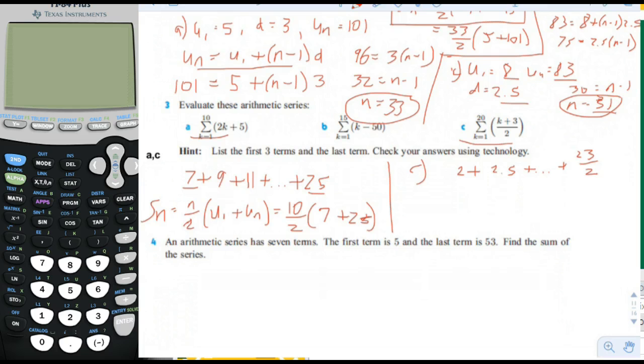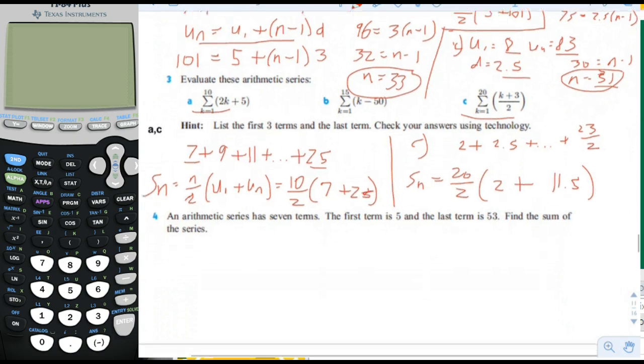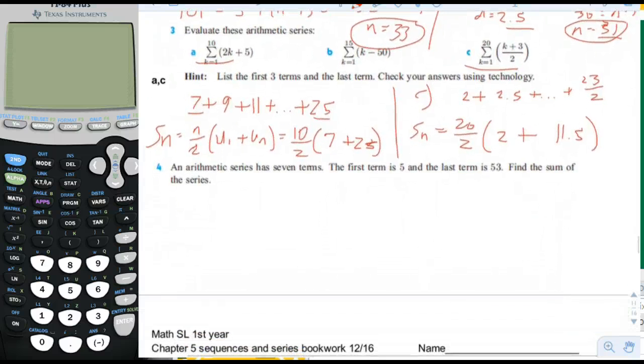Okay. And so now you could do this sum using the same formula, because we know there's 20 terms. And we take the first term plus the last term, and the last term, 23 divided by 2 is equal to 11.5, right? So you could solve it like that, and you could use your calculator also, okay, using the sequence and series button.